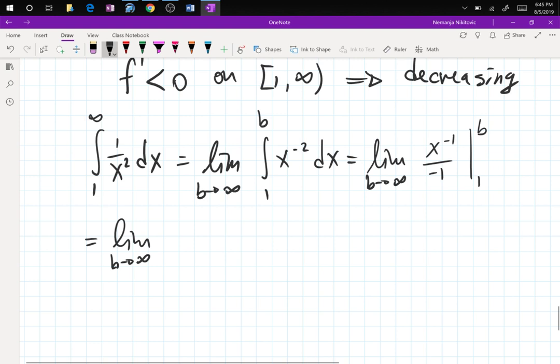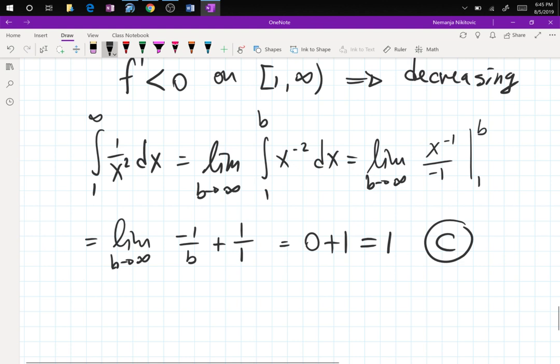Further, this is the limit as b goes to infinity. Now we're just doing basic integration. This is a negative 1 over b. Minus and minus gives me plus 1 over 1. So when b goes to infinity, this is 0 plus 1 equals 1, converges.